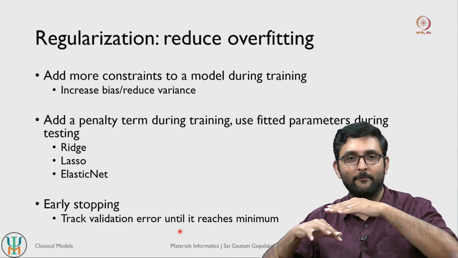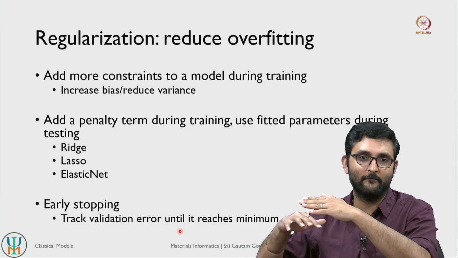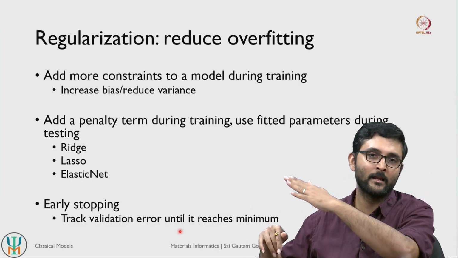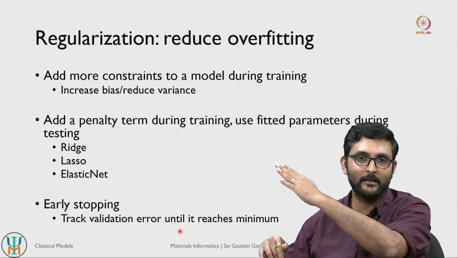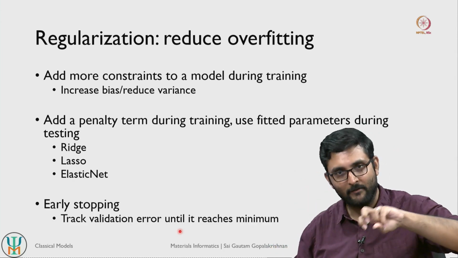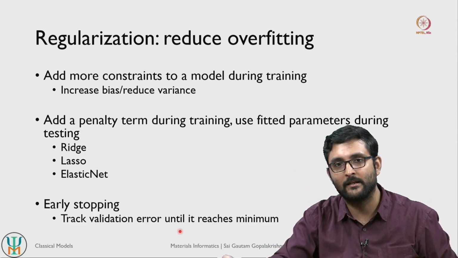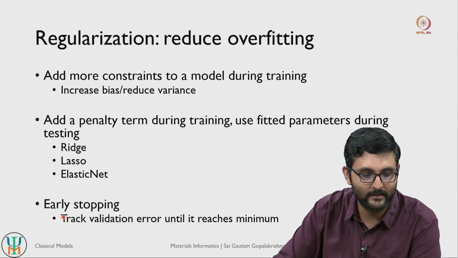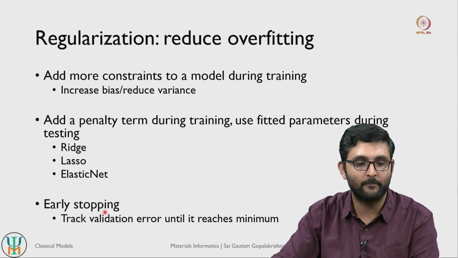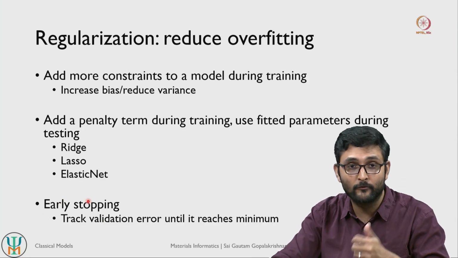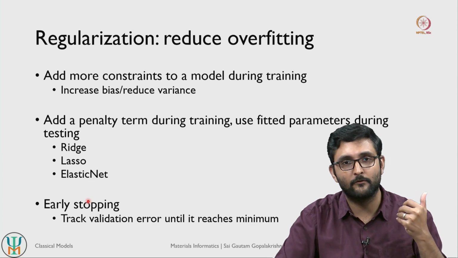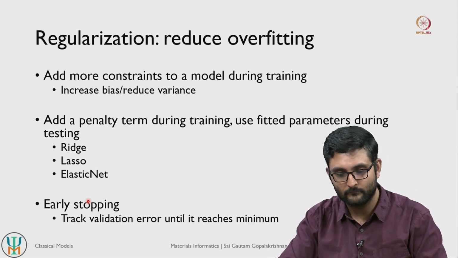Typically if you let it vary for a long period of time, you will see that the validation error will start climbing up, so it will start going up. So the minimum value is the set of weights and biases that you actually need. That is what is referred to as early stopping, and early stopping is a very useful, very powerful technique that we typically use with neural networks.